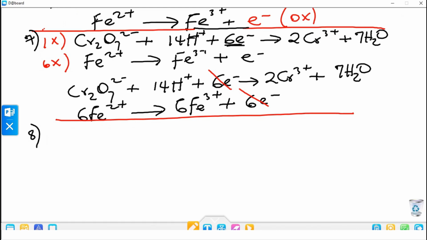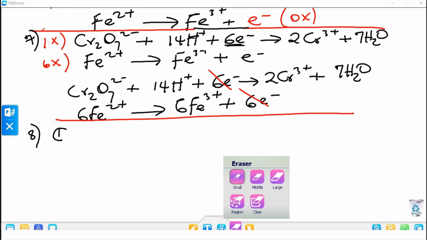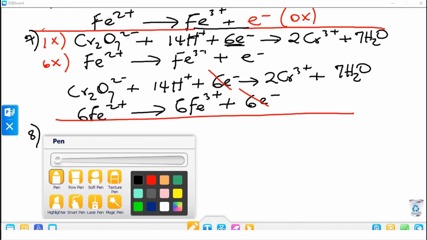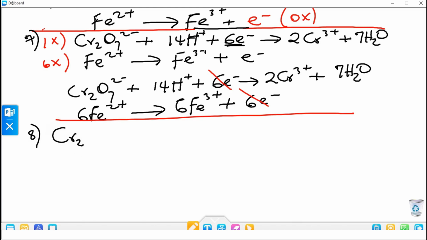Looking at the equation, we have Cr2O7 2 minus, plus 14H plus. Our electron has gone, so the next thing is 6Fe2 plus.